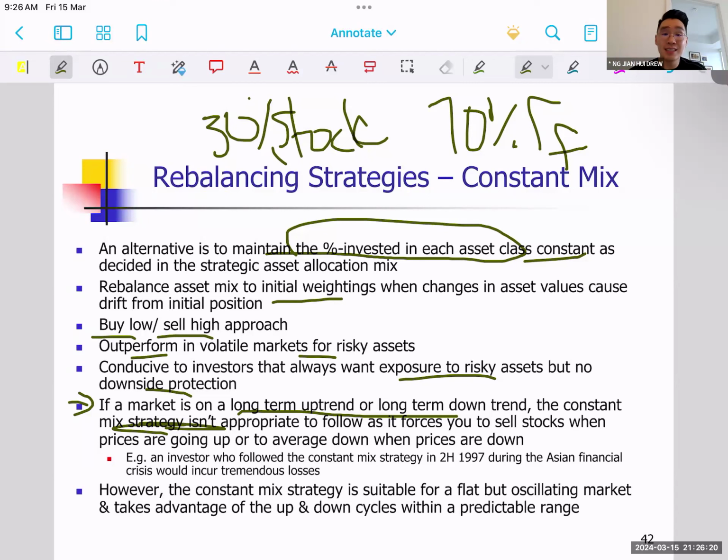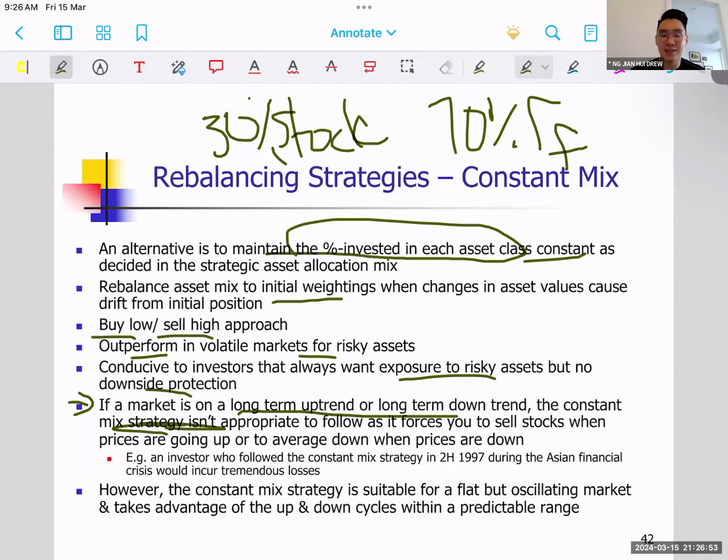Now, the same issue comes for the constant mix strategy when the trend is downwards all the way. When it's downwards, that means you want to maintain 30% stock, and the trend of the stock goes down, so you have to keep on buying more and more of the same stock in order to maintain 30%. And if you're buying a stock that keeps on going down, you're making losses, right? Because let's say you buy at $1, tomorrow it becomes 80 cents. You buy more. Next day it becomes 60 cents. You keep on buying.